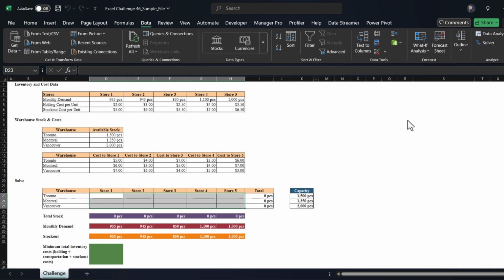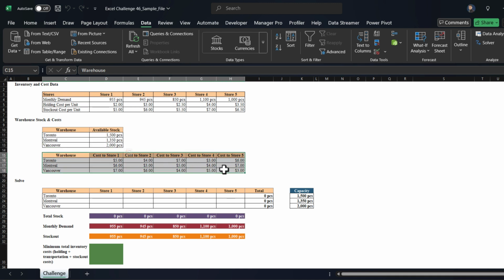So, this week's challenge involves optimizing inventory levels across multiple stores and warehouses using Solver to minimize costs. You're going to work with two data sets. First, inventory and cost data, and warehouse stock and costs.